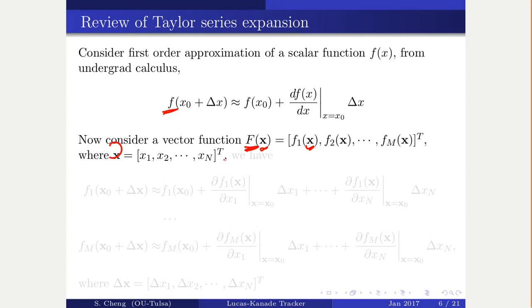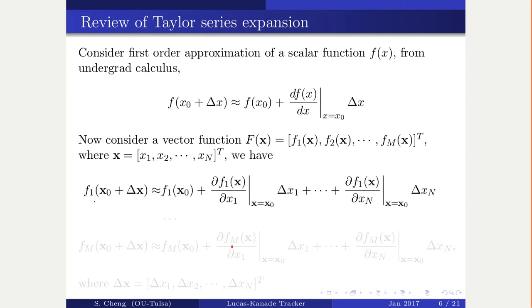Then I can expand again f1(x_0 + delta x) as f1(x_0), but because f1 is now a function of a vector x1 up to xn, I need to add up all the influences. So it will be each of these terms: the partial derivative of f1 with respect to x1 multiplied by delta x1, plus the partial derivative of f1 with respect to x2 multiplied by delta x2, and so on up to xn.